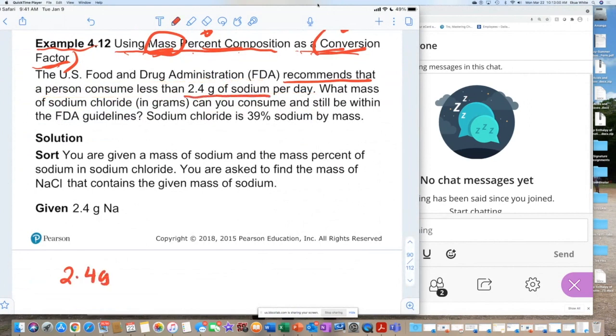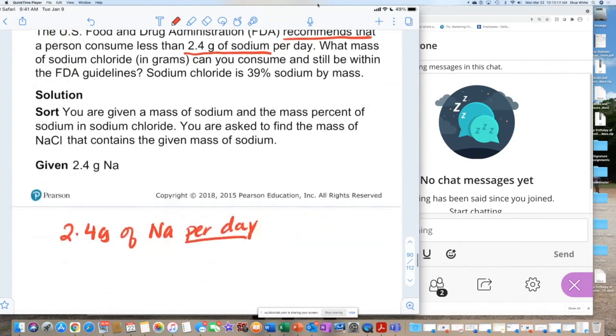So I need to know what the chemical is of sodium. And it says here per day. As I'm reading this, I'm not sure if the time is important. What we're covering right now, the time really hasn't been important, but I'm going to write the per day just in case, because I don't know if I need it. So I'm underlining here, but I know 2.4 grams of sodium, that's important.